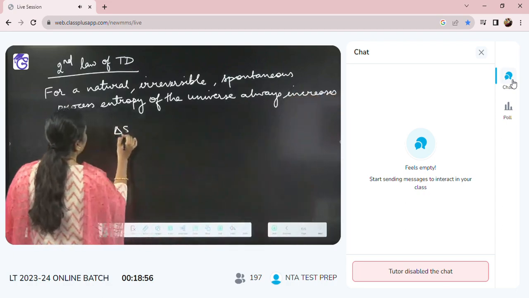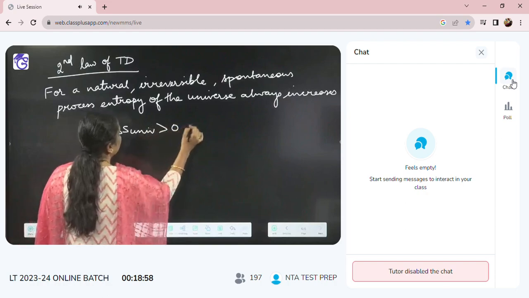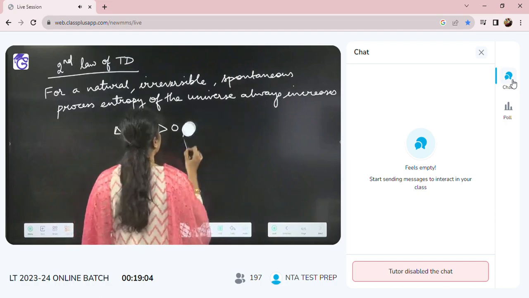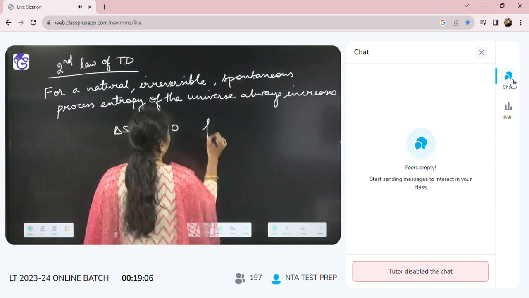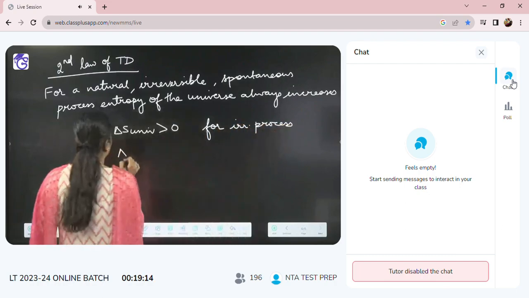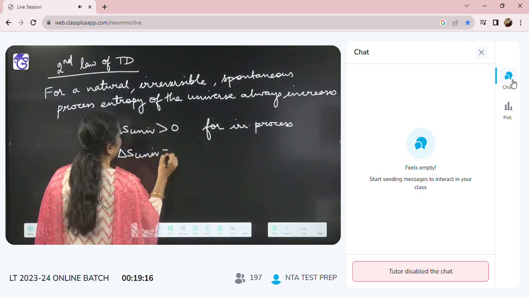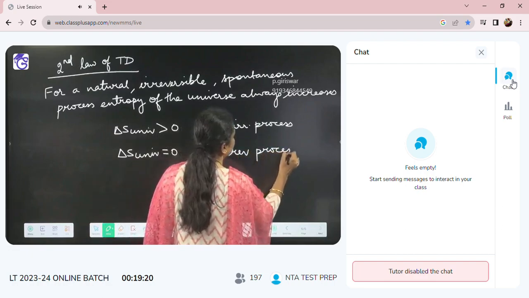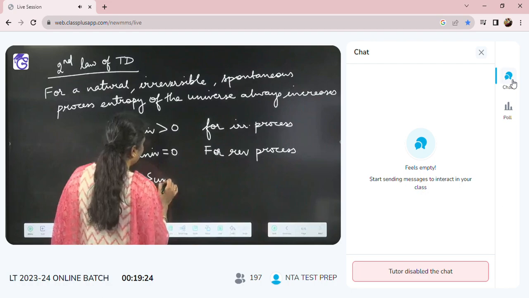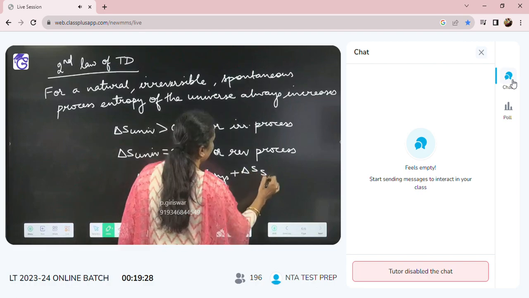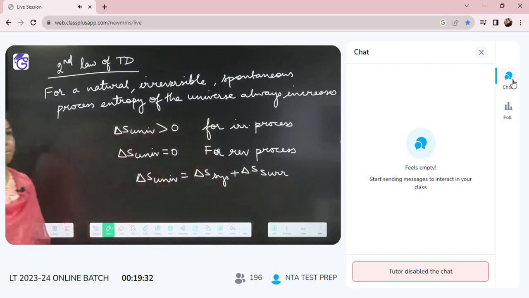That means delta S universe is greater than 0 for an irreversible process, and delta S universe is equal to 0 for a reversible process. And when I say delta S universe, it is actually delta S system plus delta S surrounding. Write this down, everyone.